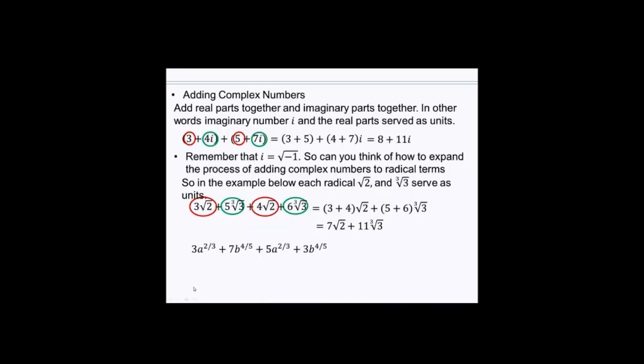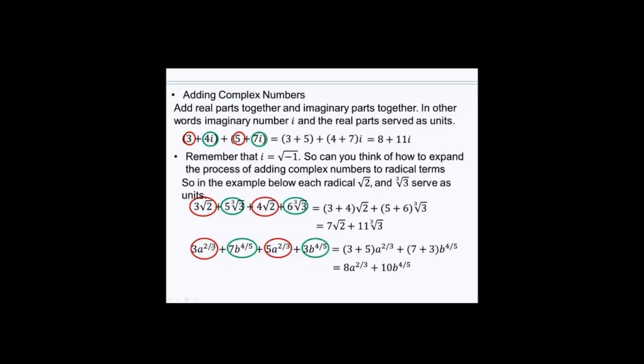Let's try to see if you can add these. I'll pause for a few seconds, see if you can come up with a way to add these two objects. So you have this object and this object, there are 4 terms. That's correct. You can add the a to the 2/3 and b to the 4/5 together. And so that will give you this.